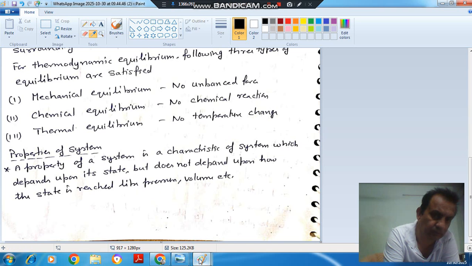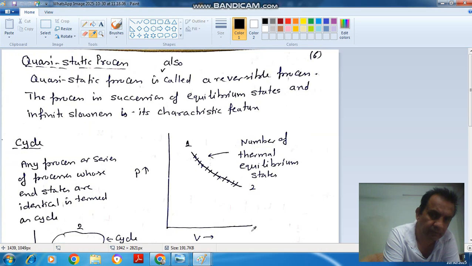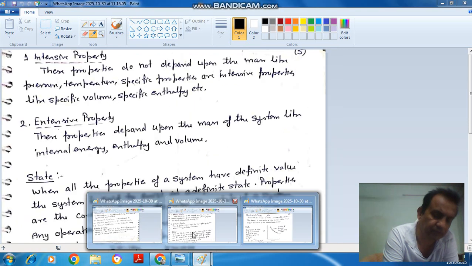This state can be reached by this process, by this process, by this process, but the process doesn't matter. The point matters, and at that point, the characteristics like pressure, volume, temperature are called properties of the system.